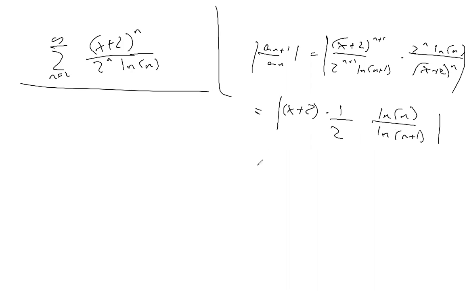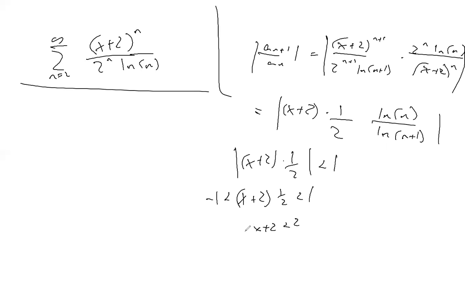So I want the absolute value of x plus 2 times 1/2 to be less than 1. Okay, drop the absolute value bars. I get this. Multiplying both sides by 2, I get this. Now I want to get x by itself, so I subtract 2 from both sides.